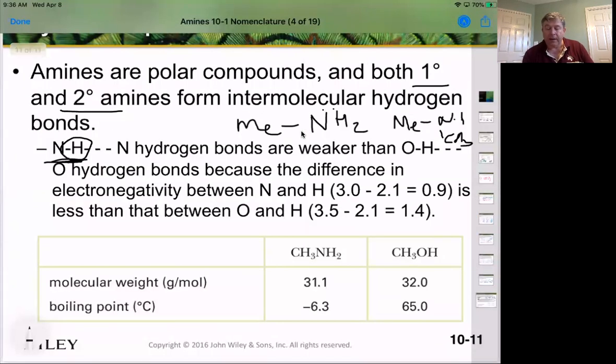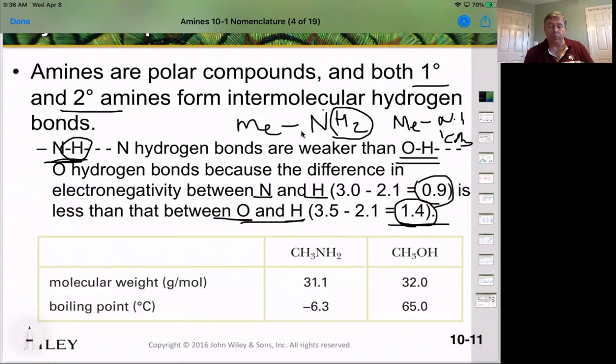Okay, if we have a hydrogen available here, it will hydrogen bond. However, it's not as strong a hydrogen bonder as the OH because the electronegativity difference between the nitrogen and the hydrogen is only 0.9. That makes it a polar bond, but not a strong polar bond. And between the oxygen and the hydrogen, that's actually 1.4. So this is a more polarized bond, therefore this hydrogen bonds more.